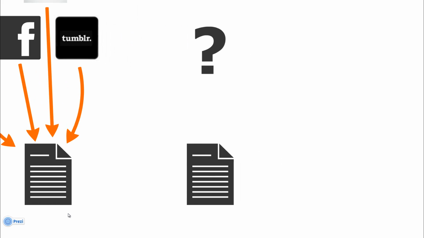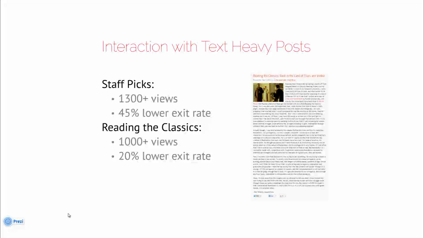But that being said, I wanted to look at some of the posts that maybe weren't plastered all over the front page of the internet, and see what might be of interest there. I looked at some more text-heavy posts, so a lot of the reader's advisory, a lot of the book reviews are more an essay style, and I picked out staff picks.